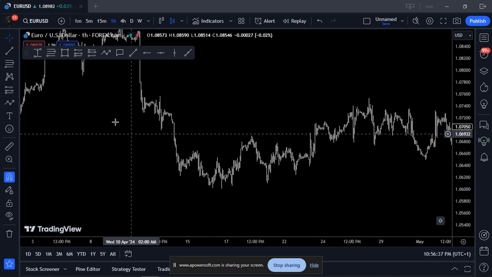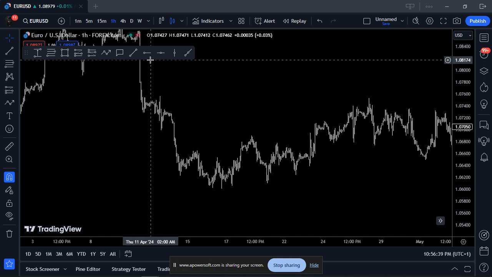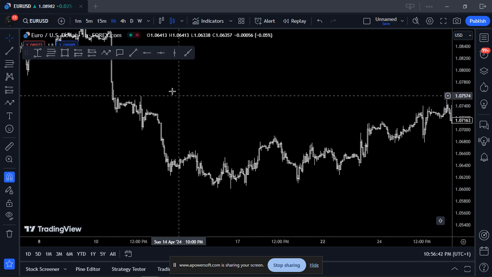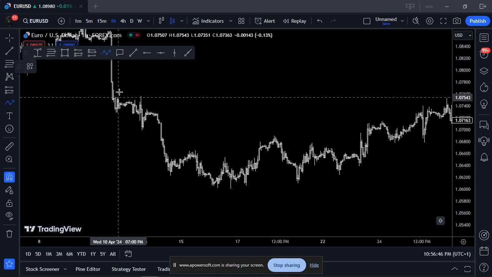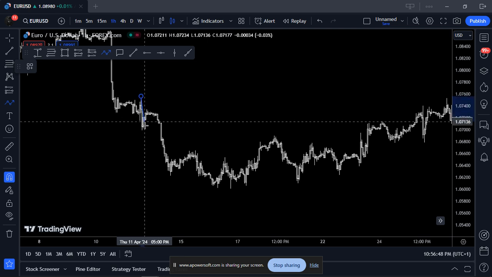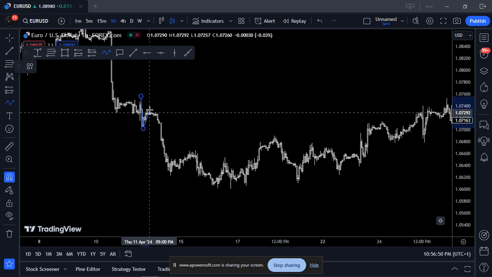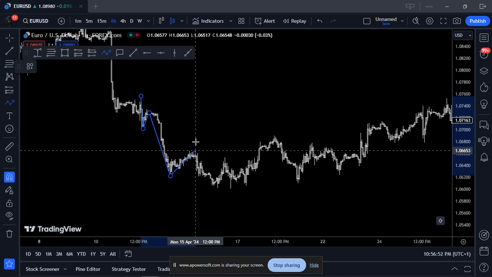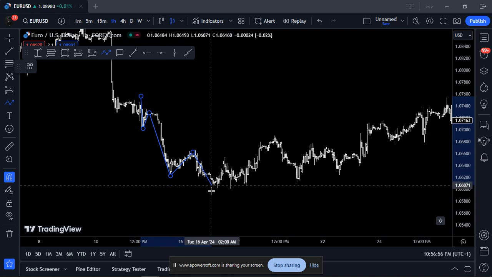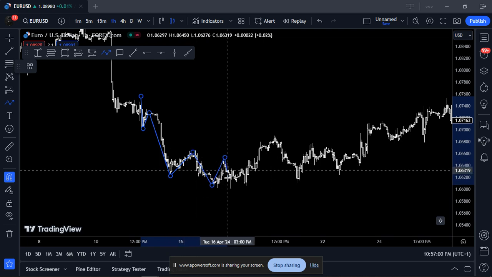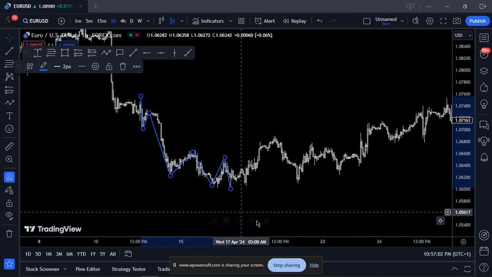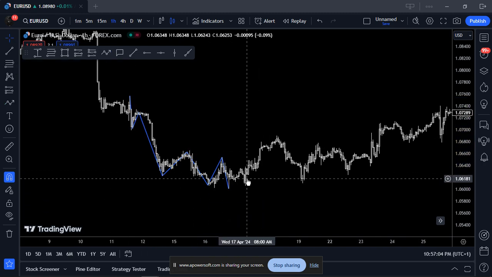So let us draw our downtrend. To avoid stress, let us start from close by. Here, let's not go too far. So we see our downtrend here.